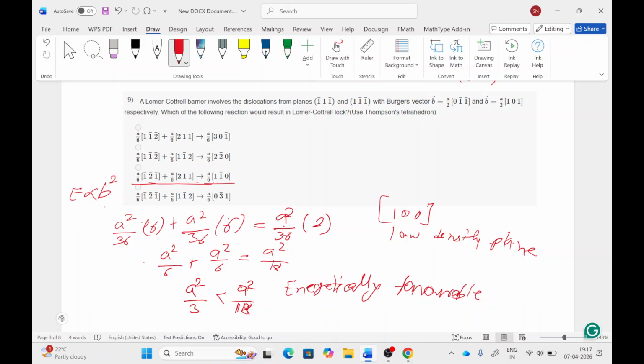So that's why this will form a Lomer-Cottrell barrier. Means this dislocation forms because it is energetically favorable, but this will not move and will not contribute in the deformation. So the third option is correct.